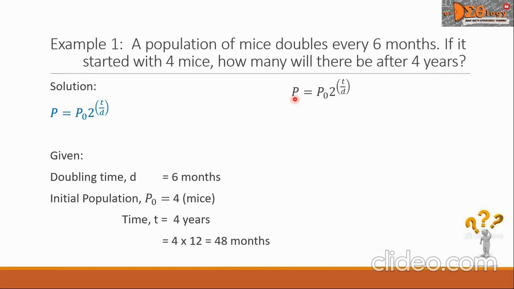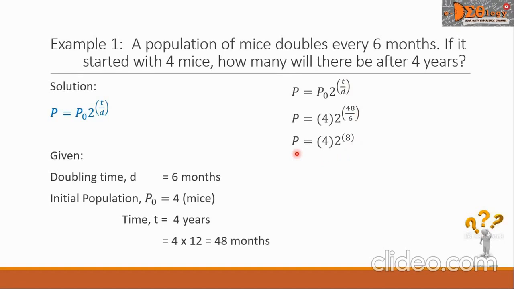Next, let us write our formula, and then let us substitute the corresponding values. The P sub 0 is now substituted by 4. The constant 2 is there. The t as numerator becomes 48 over d, and d is our 6 months. And then let us simplify our fraction. 48 over 6 becomes 8.